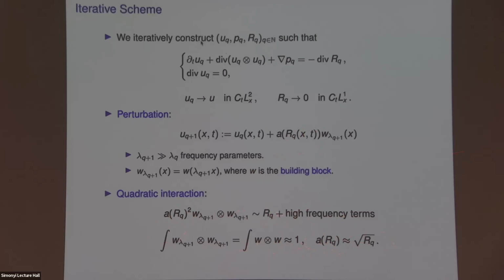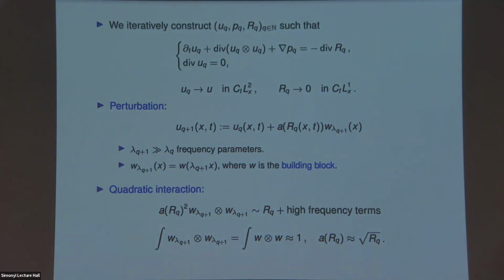Okay, so just to have a picture in mind, the perturbation looks like this. It is λ_{q+1} periodic, so this is 1 over λ_{q+1}.